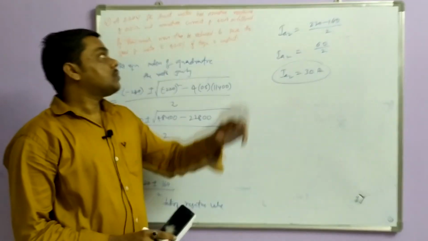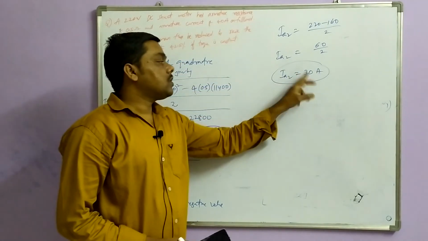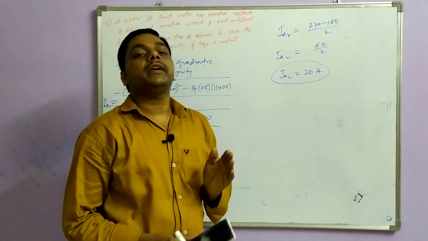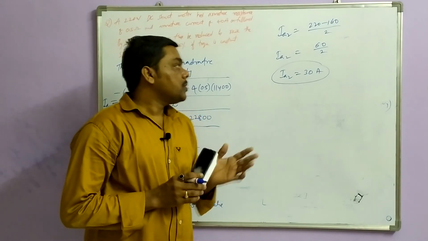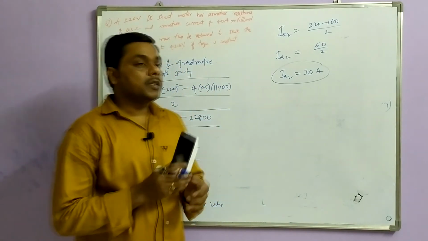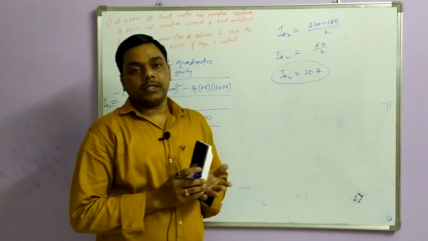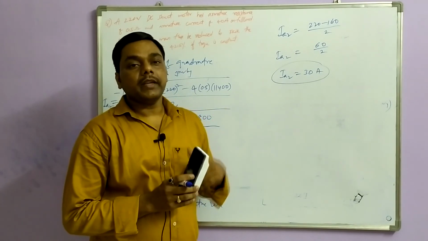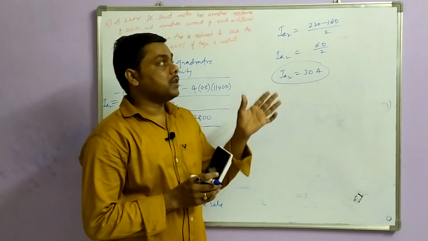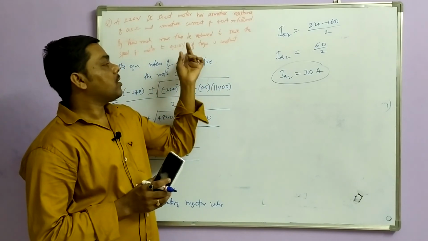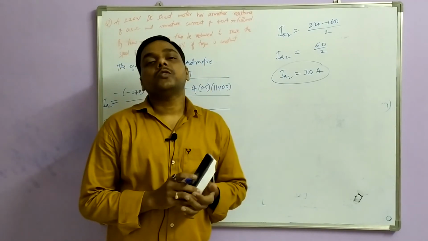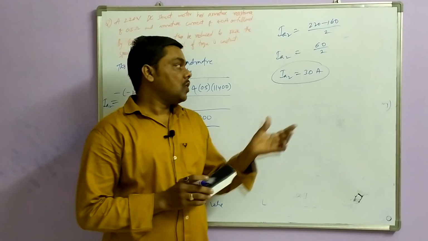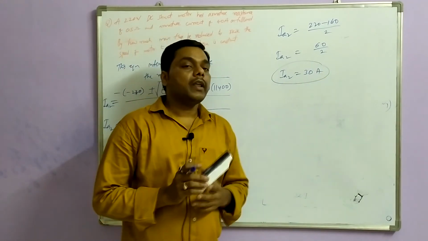Now IA1 is 40 amperes and IA2 is 30 amperes, so the armature current decreased. When it decreases, the back EMF increases and the flux decreases. So flux decreased in this case, and immediately the speed is going to increase. So this armature current is 30 amperes.